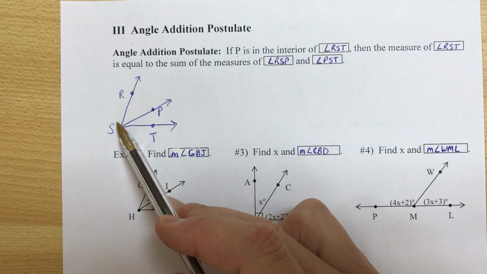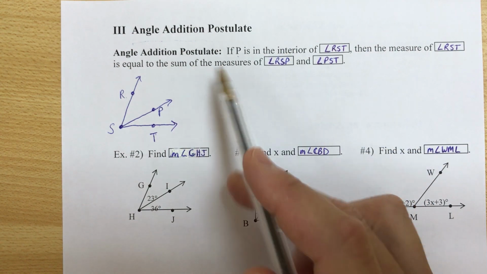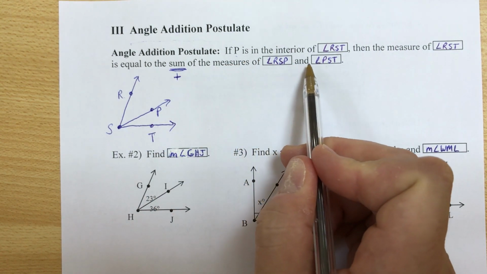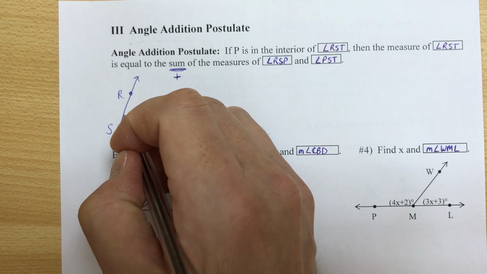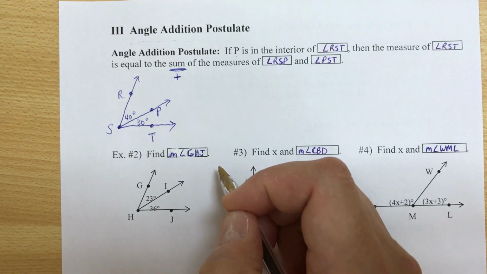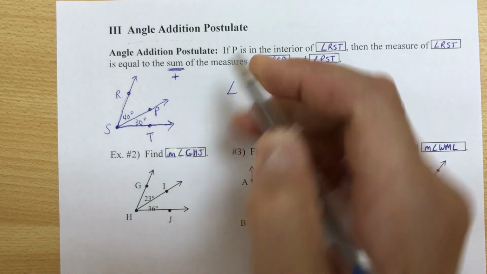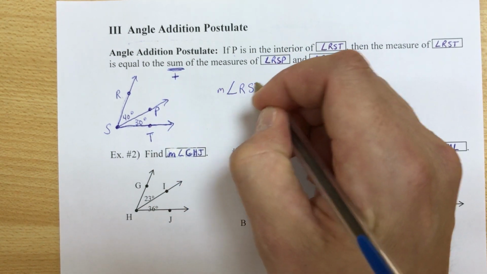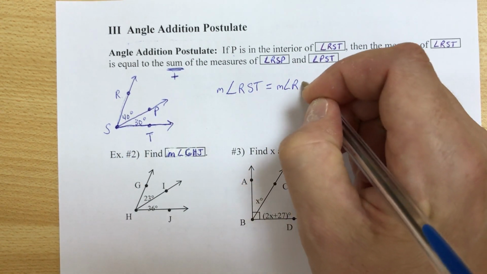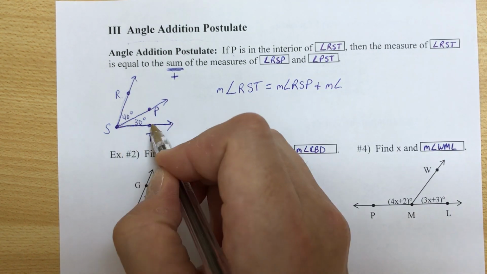So if P is in the interior of angle RST, then the measure of angle RST is equal to the sum, so that means we're going to add, of the measures of angle RSP and angle PST. Let's say that angle RSP is 40 degrees and angle PST is 30 degrees. What they're saying is that the big angle, RST, the measure of angle RST equals, you can add the two small ones, the measure of angle RSP plus the measure of angle PST.